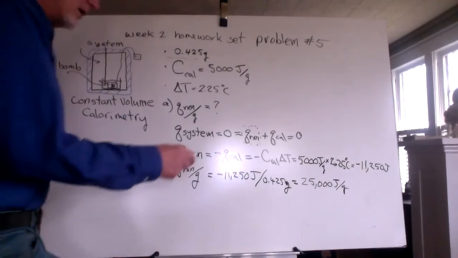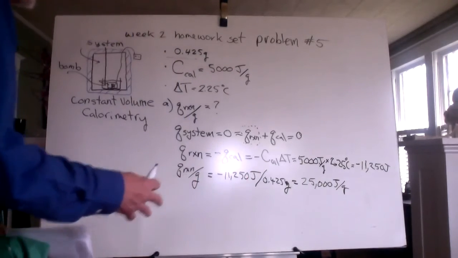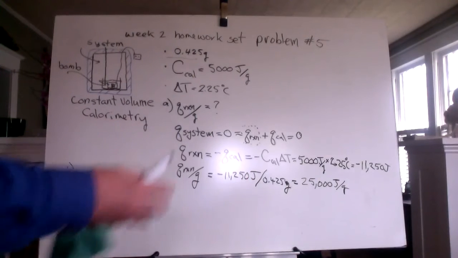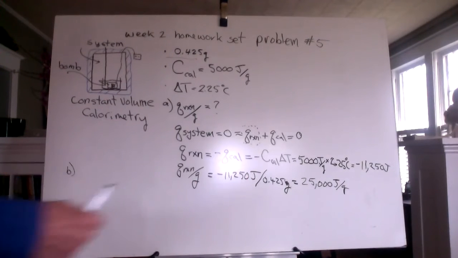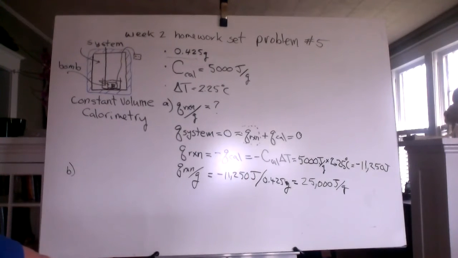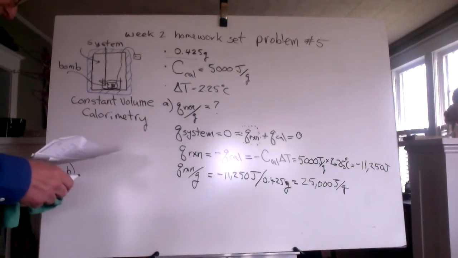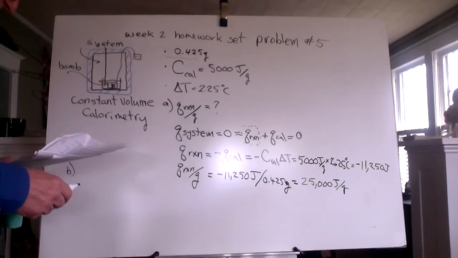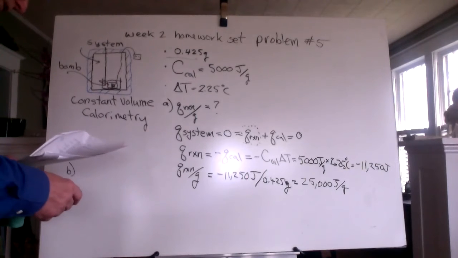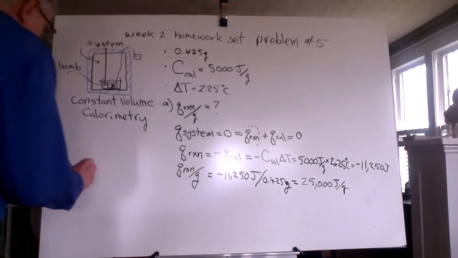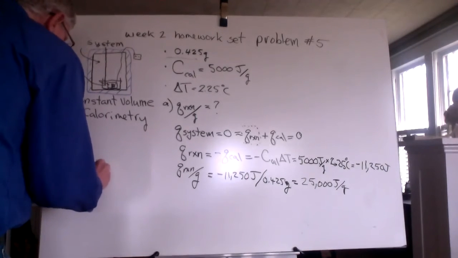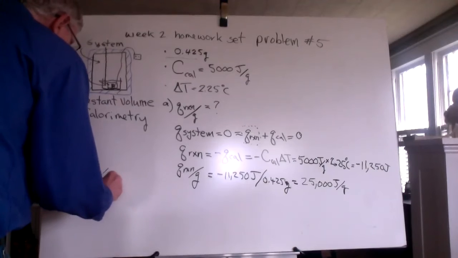And so there's 25,000 joules of heat energy given up for every gram of that cereal when it's combusted in the presence of oxygen. Now, part B, what we're asked to provide is the number of calories per serving.